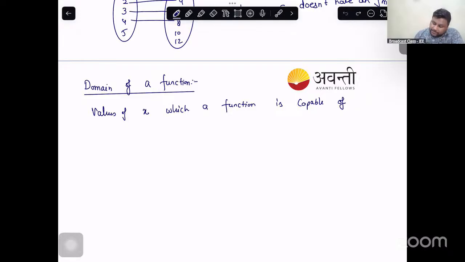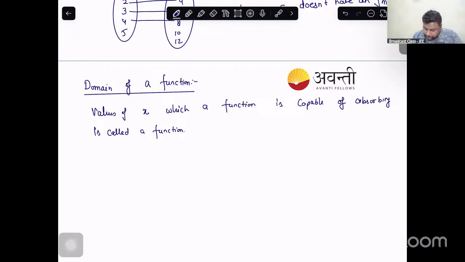Am I clear? The values of x which a function is capable of absorbing is called the domain of the function.